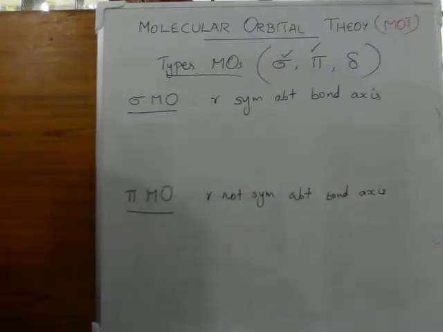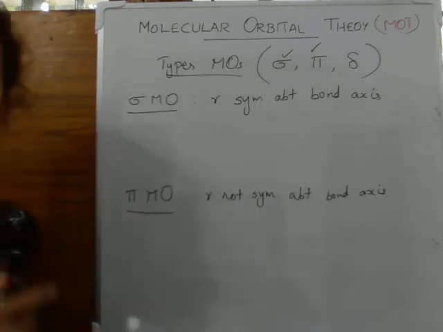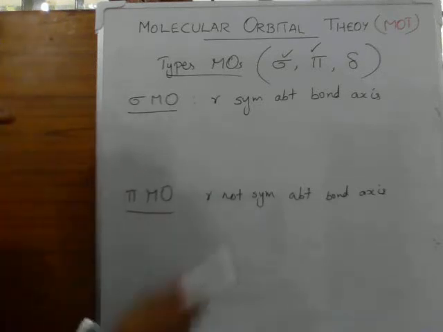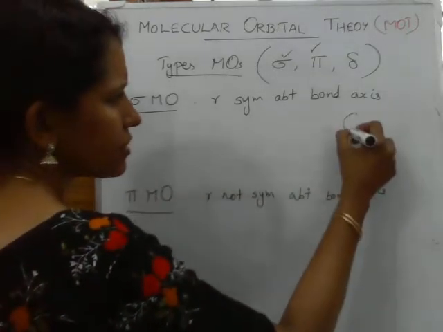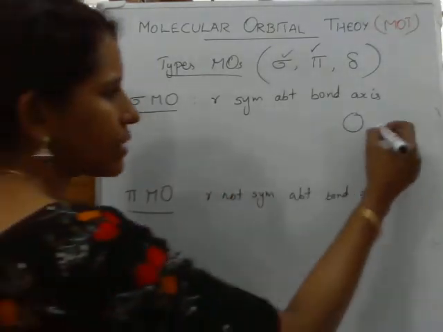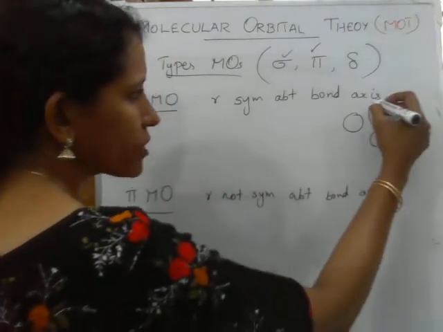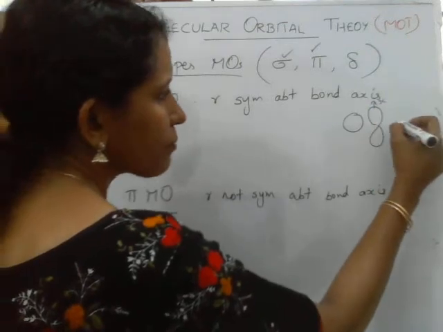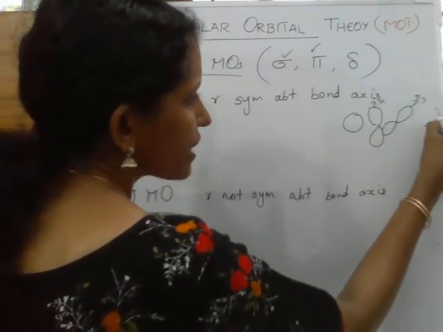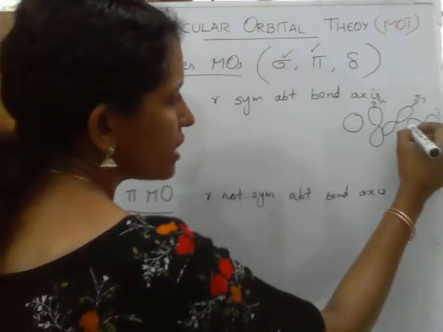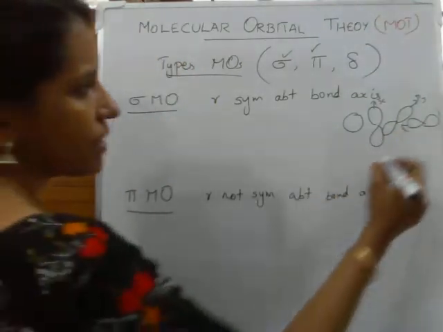Let us find which all are the atomic orbitals which are symmetric about the bond axis and then result into sigma MO. We know the various atomic orbitals: S atomic orbital, spherical in shape; px atomic orbital along the x-axis; py atomic orbital along the y-axis; pz atomic orbital along the z-axis.